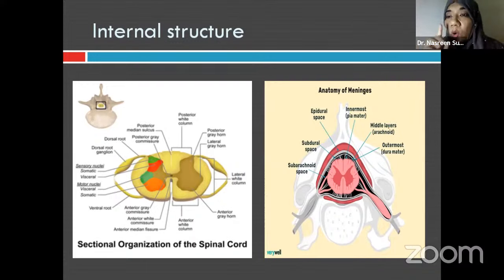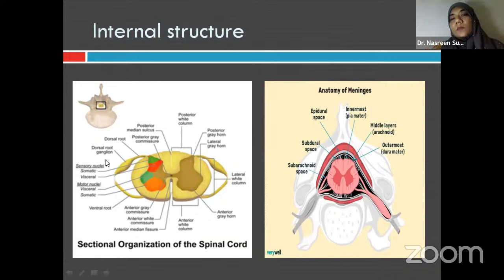CNS means only brain and spinal cord. Once they move out of the brain, once they move out of the spinal cord, they don't come under the CNS. They come under the peripheral nervous system. That is why the name immediately changes. See here, this is ganglion, and here you are having nuclei.